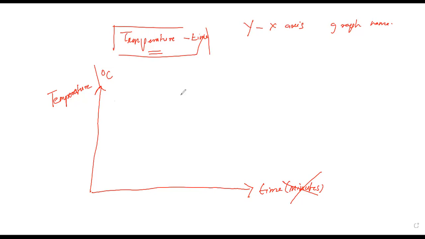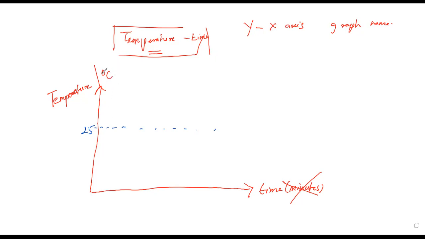So what happens first? What was the question? Initially we mentioned 25 degrees Celsius, so you have to mark the point at 25. Here you just mentioned the 25, not degrees Celsius. Why?